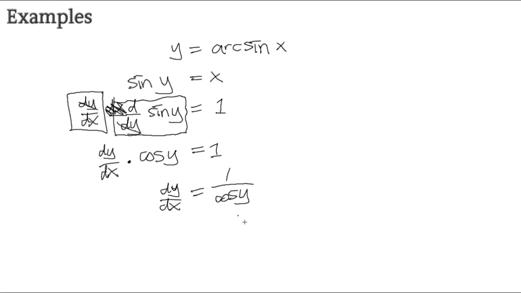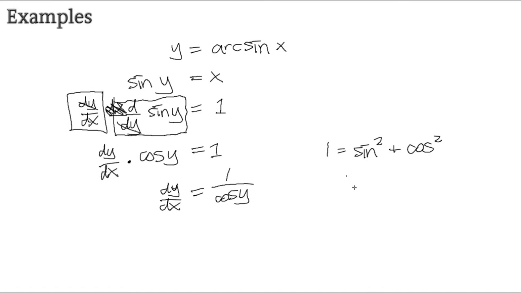So there are multiple ways of converting cosine y's into x's. The most straightforward one would be to use an identity, 1 equals sine squared plus cosine squared. So we all know this equation.